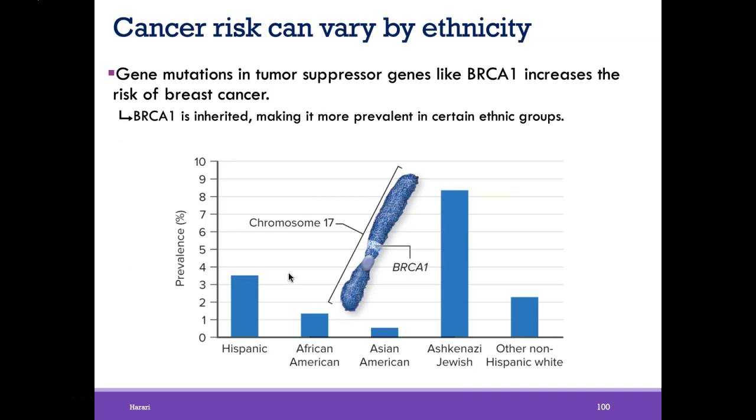So cancer risk can vary by ethnicity because there's one such tumor suppressor gene called BRCA1. And certain ethnic groups have a mutation in BRCA1 that is heritable. So since BRCA1 is inherited, it makes it more likely for certain ethnic groups to get breast cancer. BRCA1 normally prevents us from getting breast cancer.